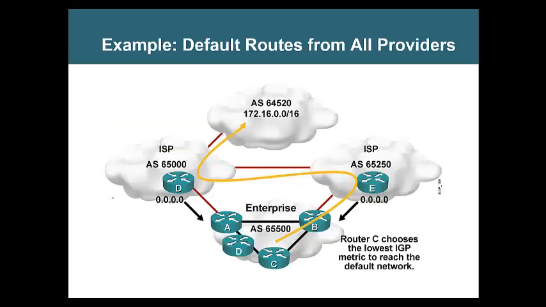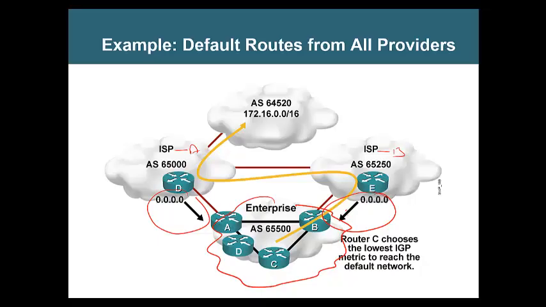Now, whenever you have dual homing, there are many options in learning routes from the ISP. The first option is this. This is your enterprise. ISP A and ISP B both give you only a default route. They're not advertising all the thousands of routes from their routing table.